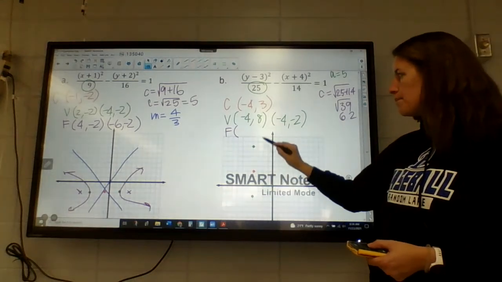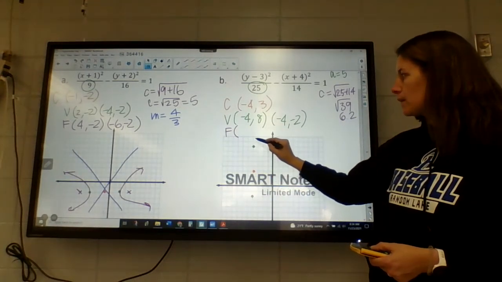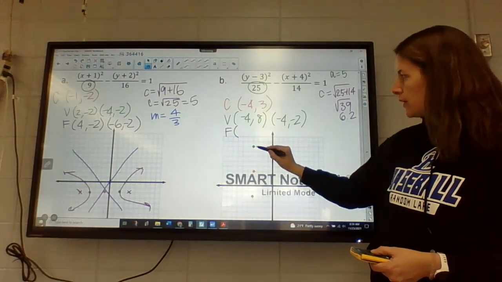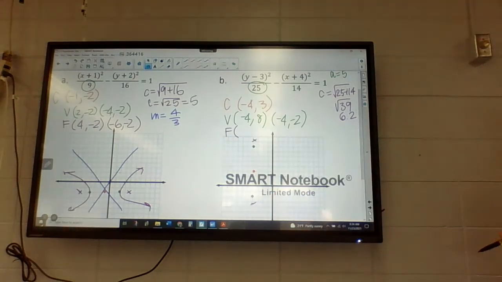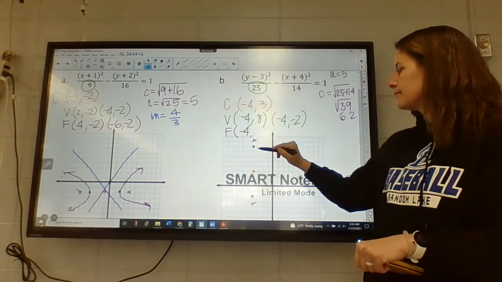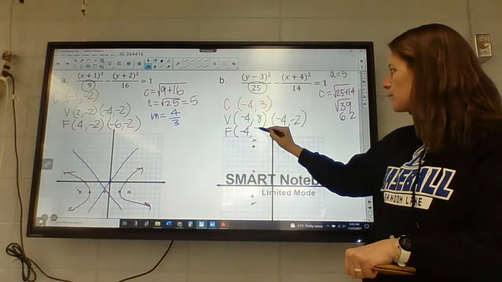So again, I have to go up and down 6.2 from this one. And again, if you want to make them little X's instead, if that's helpful. Like 9.2 up here.